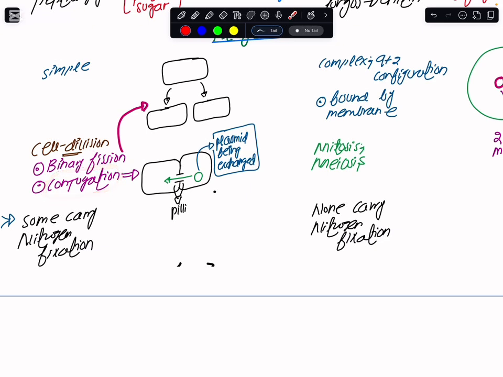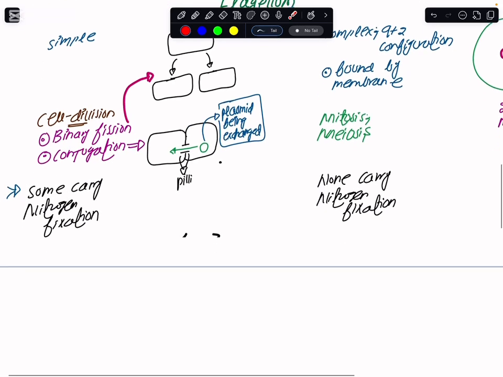When we talk about sexual reproduction in these bacteria, this is conjugation, in which the plasmid is shared between the two bacteria. As far as the eukaryotes are concerned, they carry out mitosis and meiosis. They do not have binary fission or conjugation.